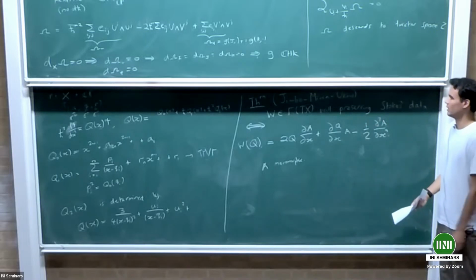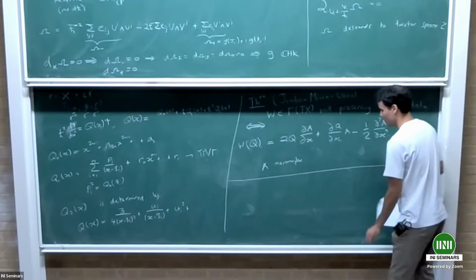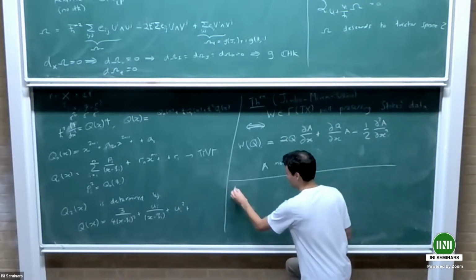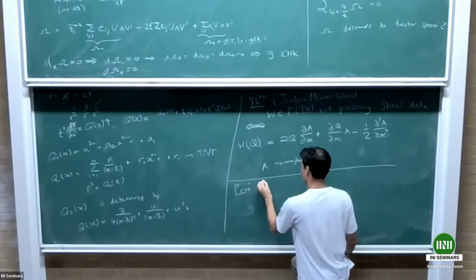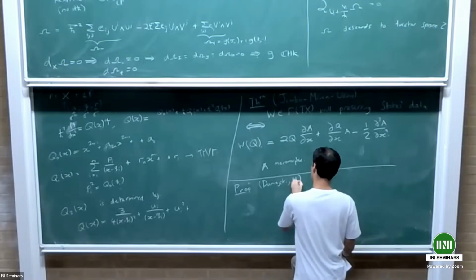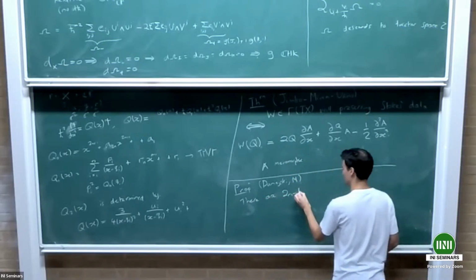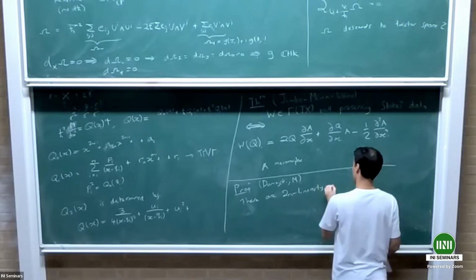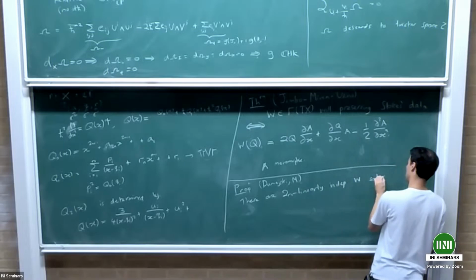Okay, so now I'll state a theorem, which is that there are two n-linearly independent W satisfying this equation.